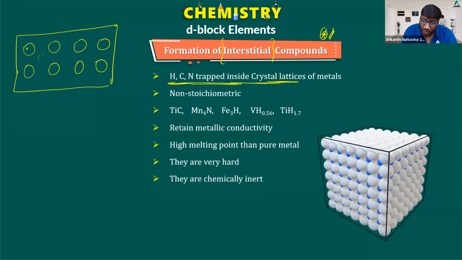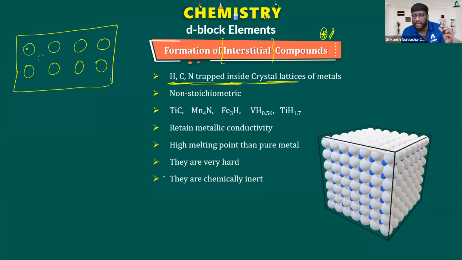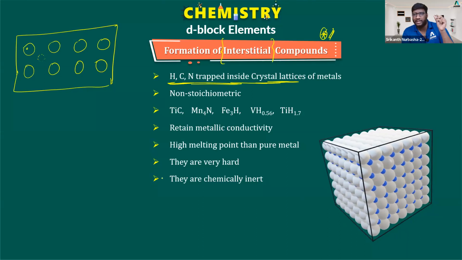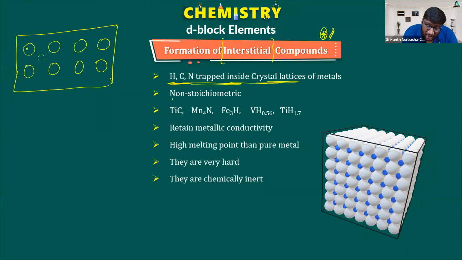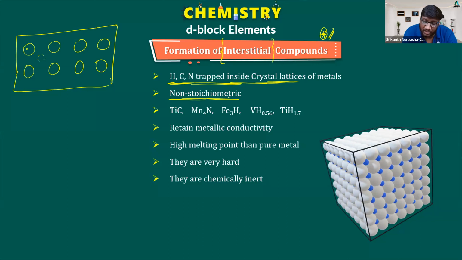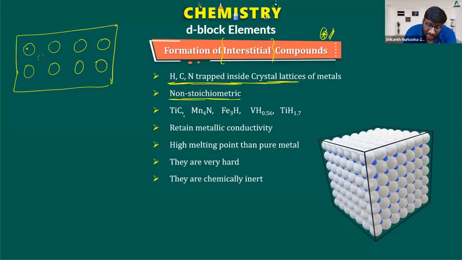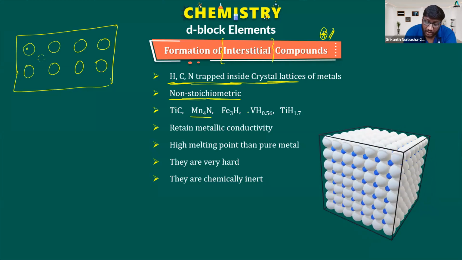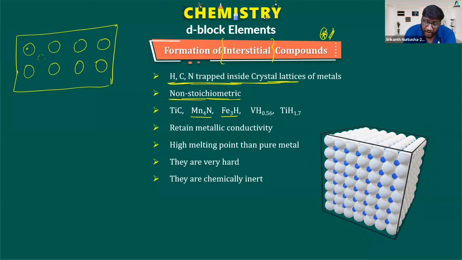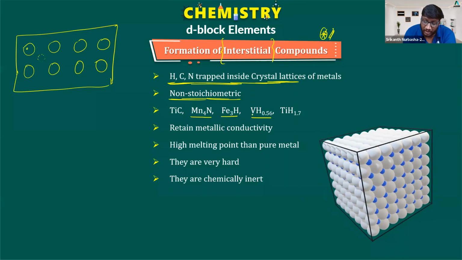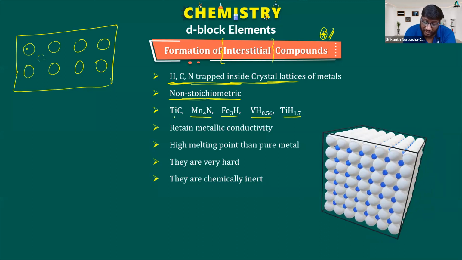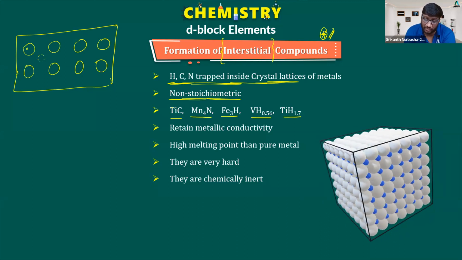Because of the placement of these atoms at the interstitial sites, you will have a disturbance in the stoichiometry. The compound is not stoichiometric now. You can have compounds like Mn4N, Fe3H, VH0.56, TiH1.7. There is no stoichiometry present.